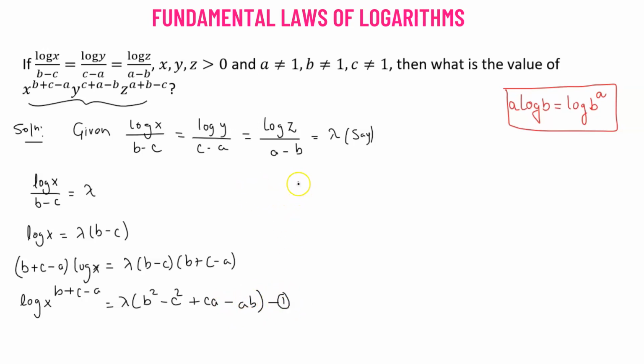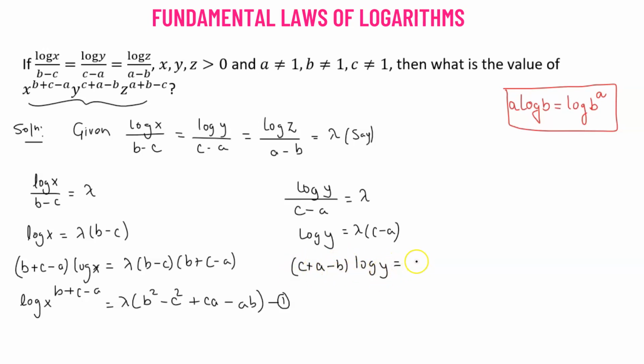Then we'll consider log of y divided by c minus a equals lambda. So that means log of y will equal lambda times c minus a. We'll multiply both sides with the exponent of y, which is c plus a minus b, multiplied to log of y.